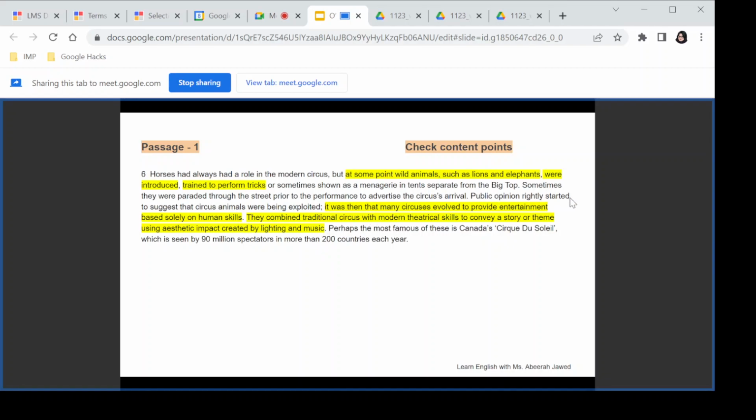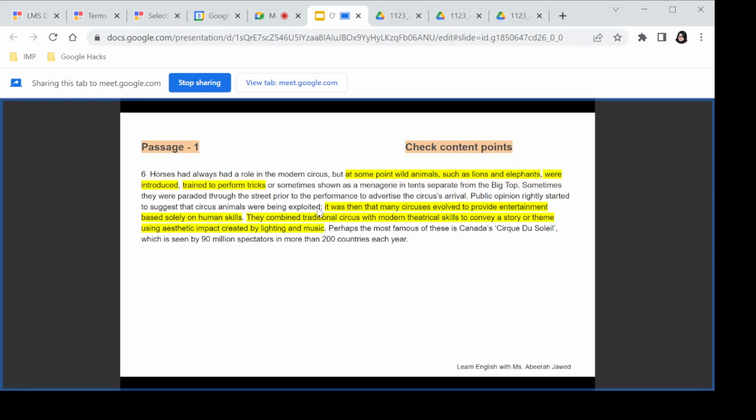See, public opinion is the critique that they received, but the evolution, what was the result? The result was that the circuses included only human skills. They were completely prepared based on human abilities. So you will not talk about public opinion rightly started to suggest that, because it is the critique that they were receiving at that time.